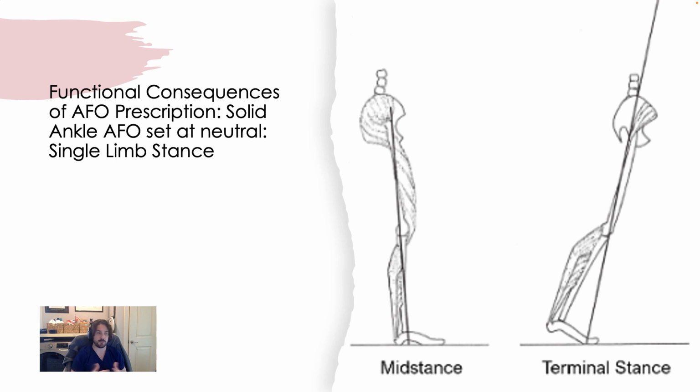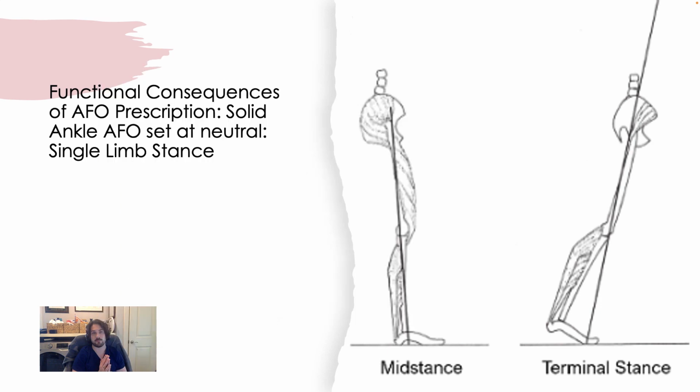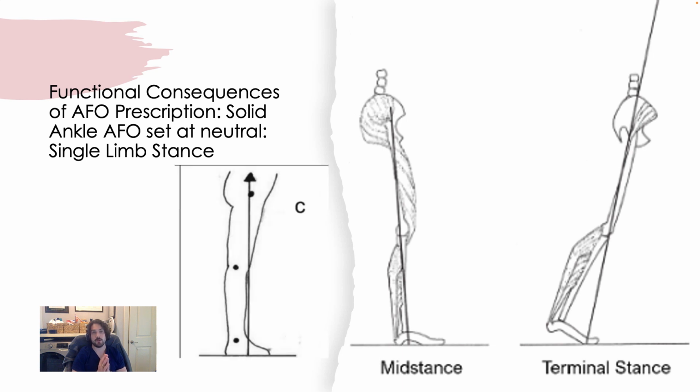During terminal stance, again, we see a similar thing. We need even more dorsiflexion, but we're stuck in neutral. And so that creates a significant extension moment relative to where we would usually be in terminal stance. So if we're not wedged at that point to move our tibia more anterior, then we are likely to see knee hyperextension.